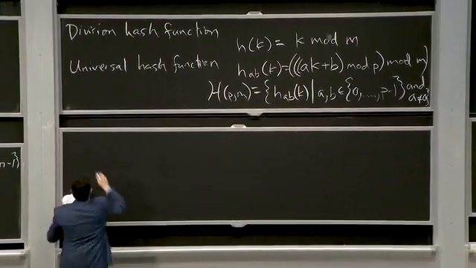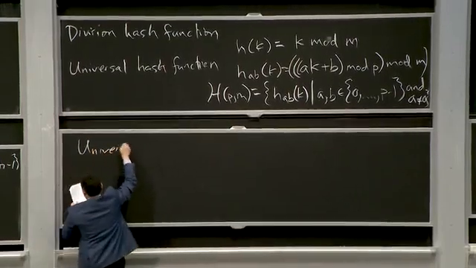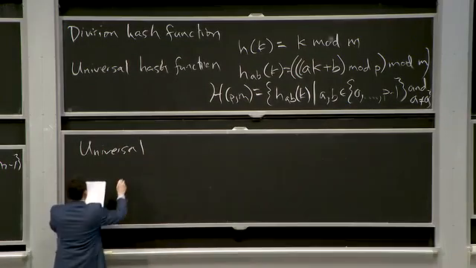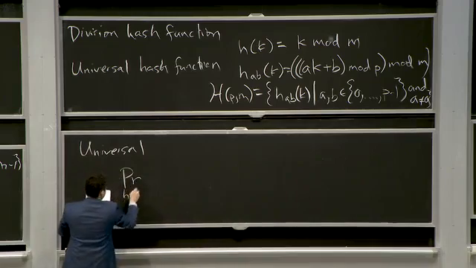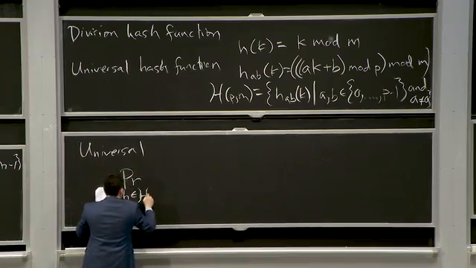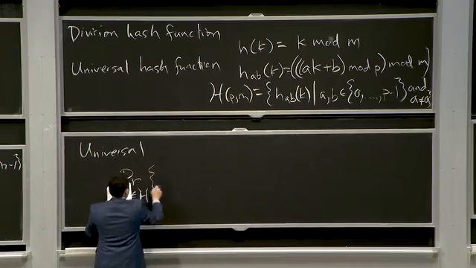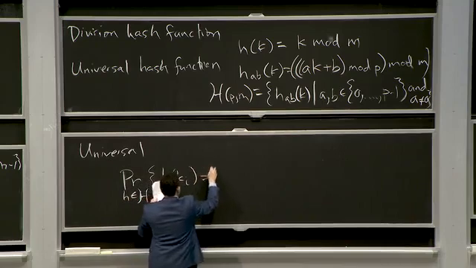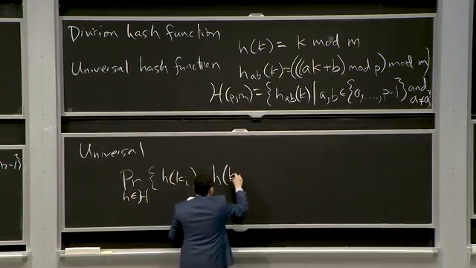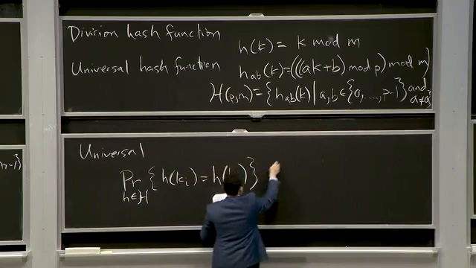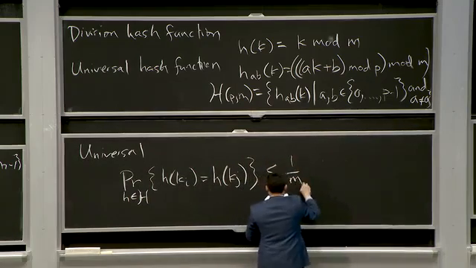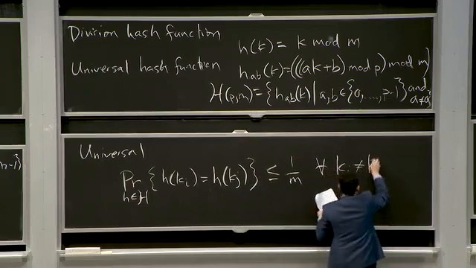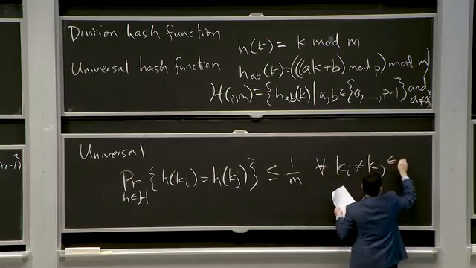is universal. And universality says, what is the property of universality? It means that the probability, over choosing a hash function from this hash family, that a certain key collides with another key is less than or equal to 1 over m, for any two different keys in my universe.